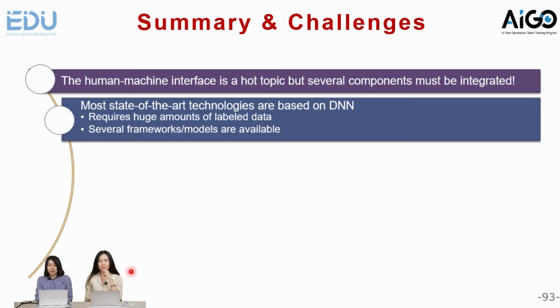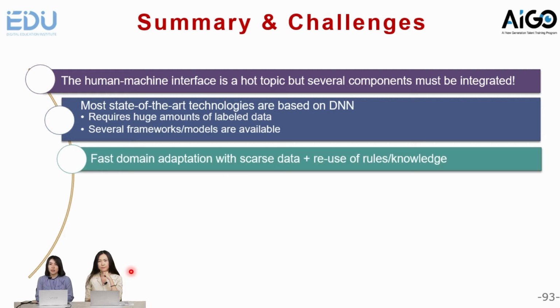And a lot of techniques are based on deep learning, and the good thing is we have a lot of available frameworks or models online. We can download the model, we can download the framework and run it on your own data. But you need to prepare your data, collect your data, and annotate your data. Usually, you require a large set of labeled data to have better performance.